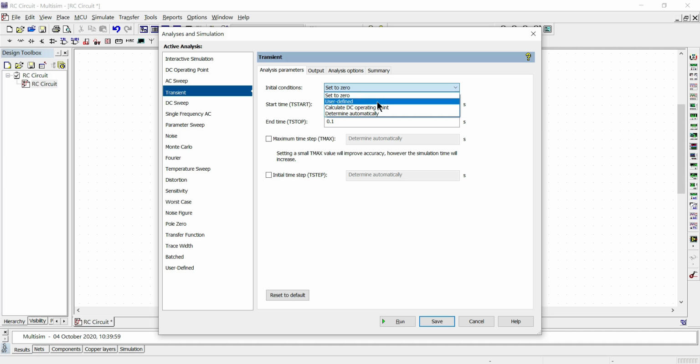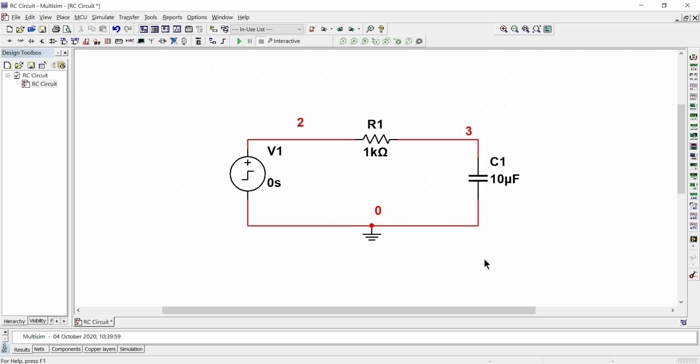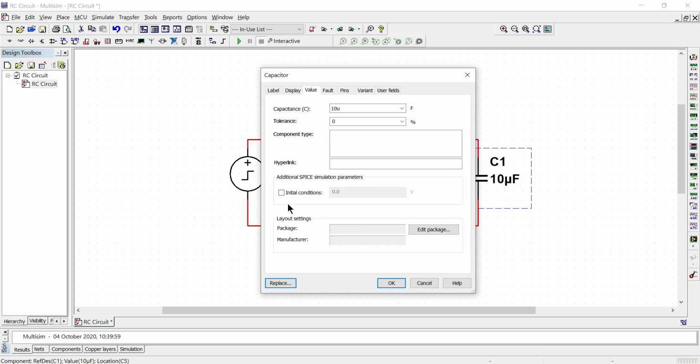Select User Defined if you want to start your analysis from initial conditions as set by you. Say, for example, if you want to define the initial voltage stored across the capacitor, you can double click on the capacitor and set the initial condition, or the initial voltage stored across the capacitor, here.